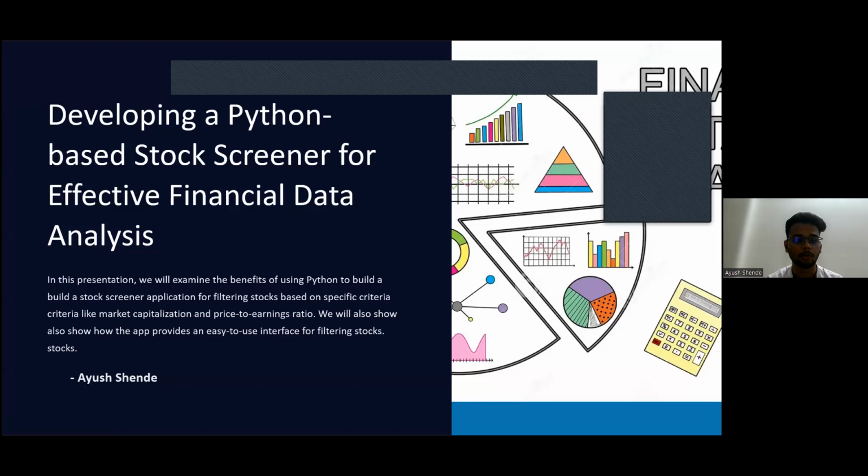It could be market capitalization or price to earning ratio, etc. We will also be showing how this app will provide an easy to use interface for filtering stocks data. There will be a user interface for users in which they can also use their custom filtering.